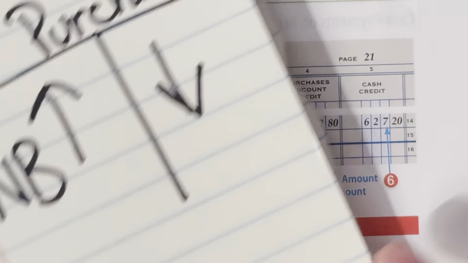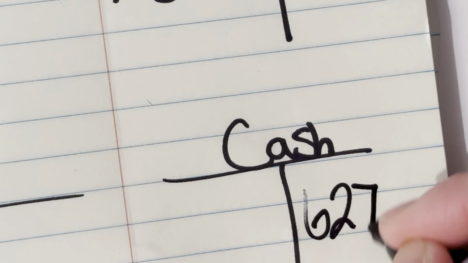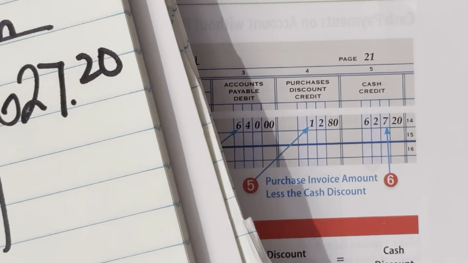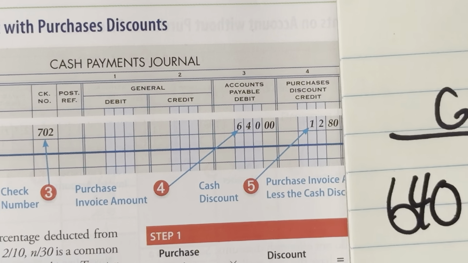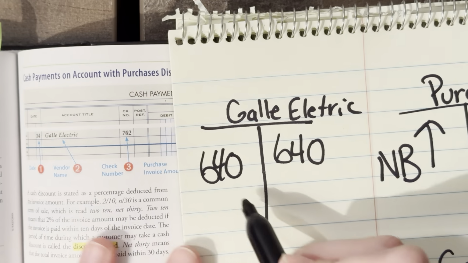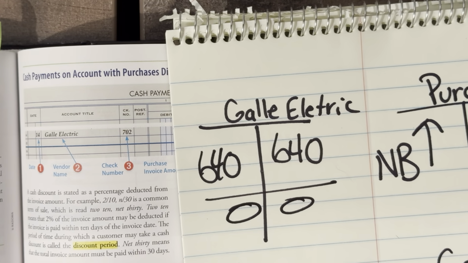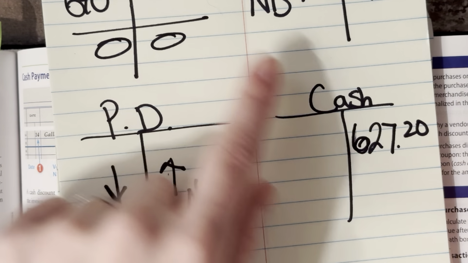So credit to cash for $627.20. Our accounts payable was $640, so we need to debit that. $640 brings that accounts payable balance to 0.